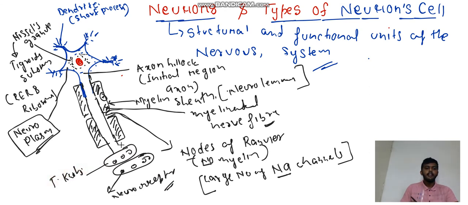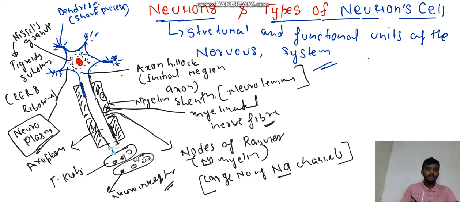We are also going to see that the cytoplasm inside the axon is known as axoplasm, and this axon has one membrane.